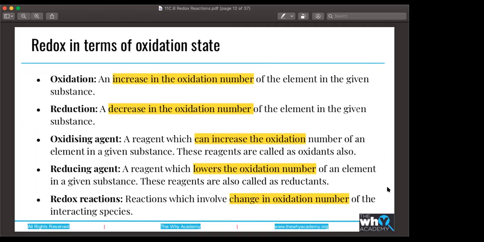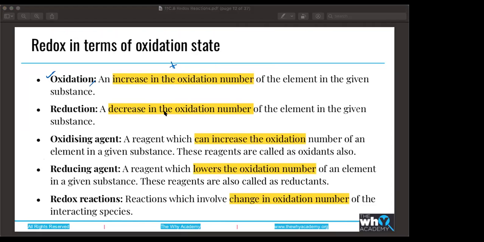Okay. So, redox in terms of oxidation state. Once you know the concept of oxidation number, you can easily figure out whether oxidation or reduction is taking place. If there is an increase in the oxidation number, meaning the plus value is increasing, meaning it is losing more electrons, that indicates oxidation is taking place.